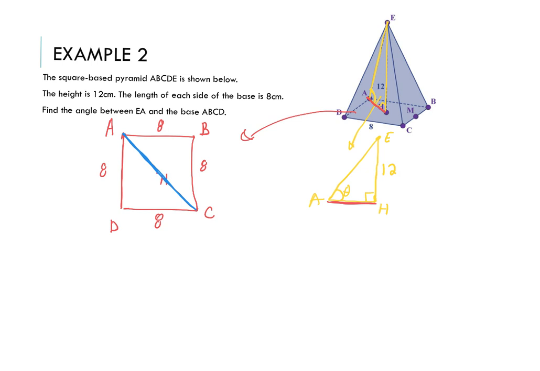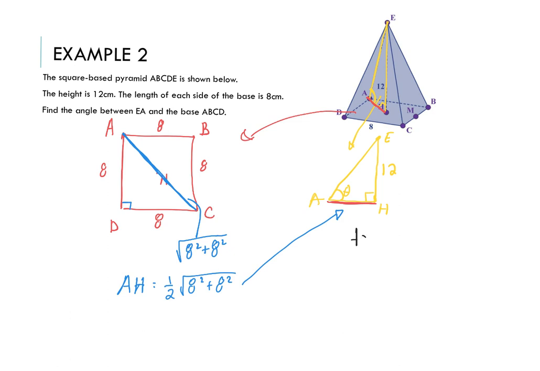So if I try and find the whole diagonal, this diagonal is going to be the square root of 8 squared plus 8 squared. We're using Pythagoras theorem. And then AH is half of that value. And then once we have AH, we can use it in our right angle triangle and find what our missing angle is.